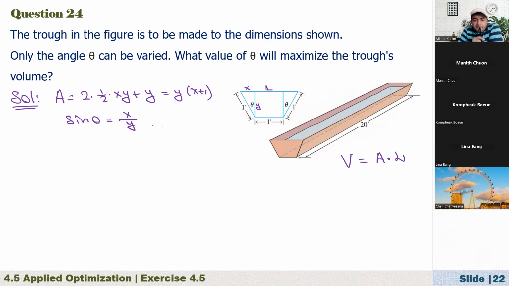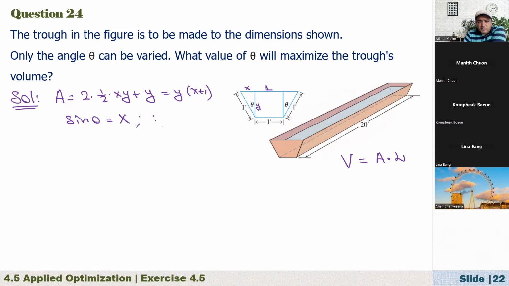Anyway, so opposite side over, no. Sine of theta is, what is it? Sine of theta is opposite side over hypotenuse, right? That's equal to x over 1, right?